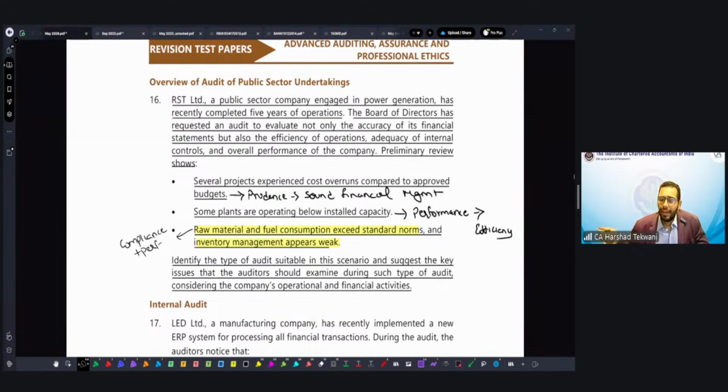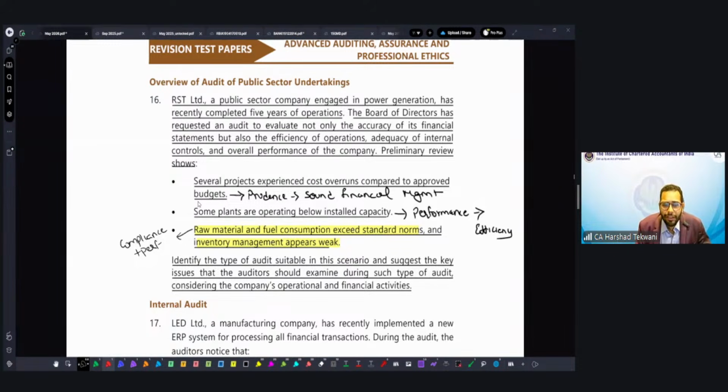Why? Because raw material and fuel consumption exceed the standard norms. That is kind of compliance related because they are exceeding the norms, so it is not being used appropriately. Inventory management appears to be weak, means it is not able to achieve the objective. Somewhere I will go to the performance also. So I am getting both out of it, compliance and performance.